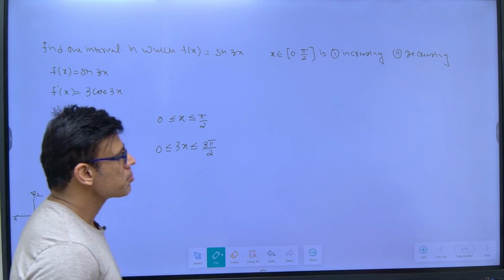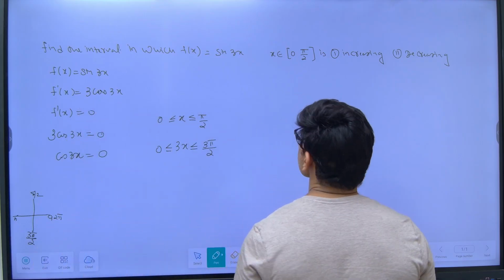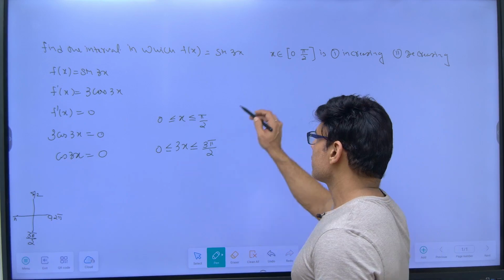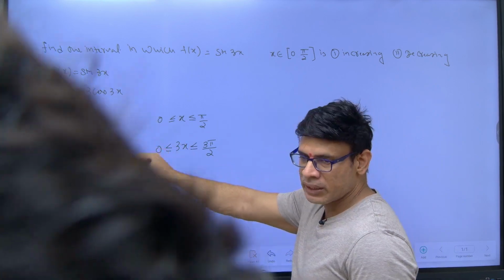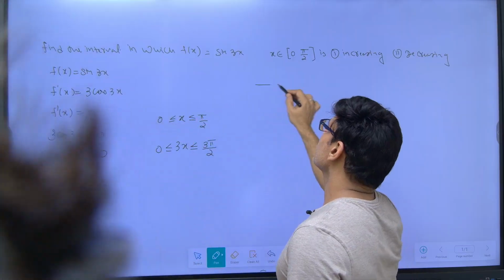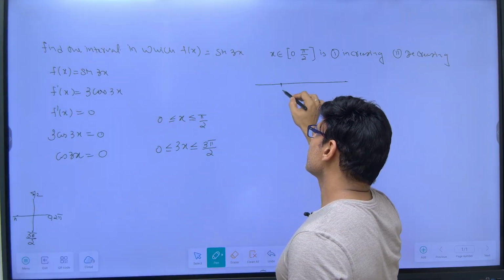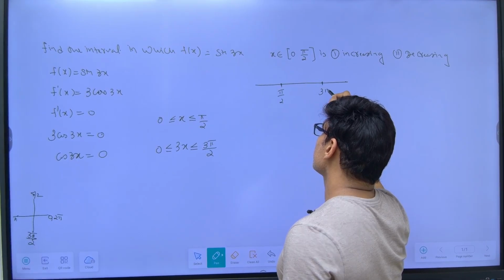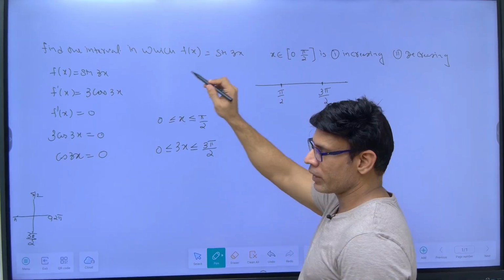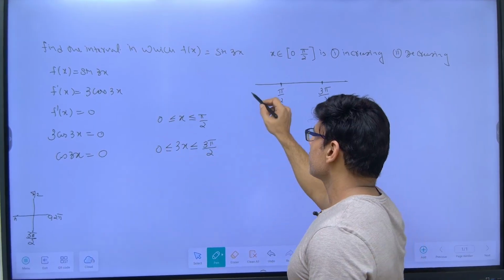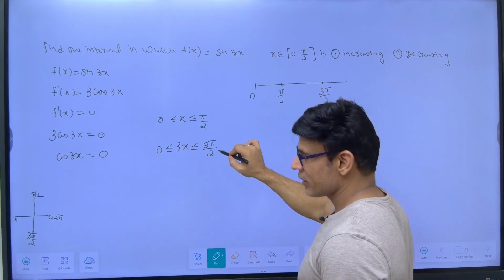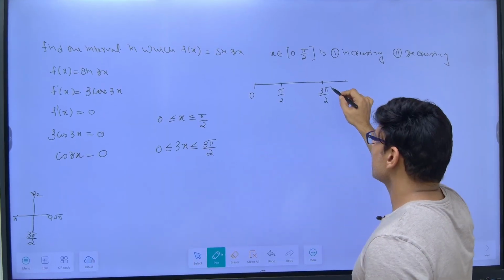Now you have this, right? So that means where cos 3x is 0, cos is 0 at pi by 2 and 3 pi by 2. Cos is always 0 on the y-axis. Your interval is what? 0 to 3 pi by 2, till here only.